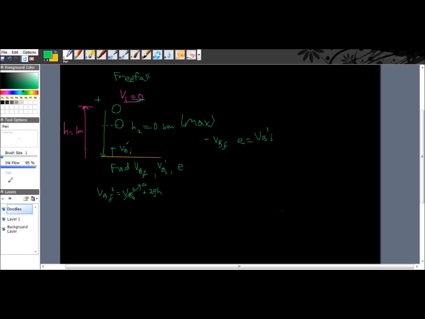And so we have VBF squared is equal to 2 times negative 9.8 times 1, which is equal to negative 19.6.